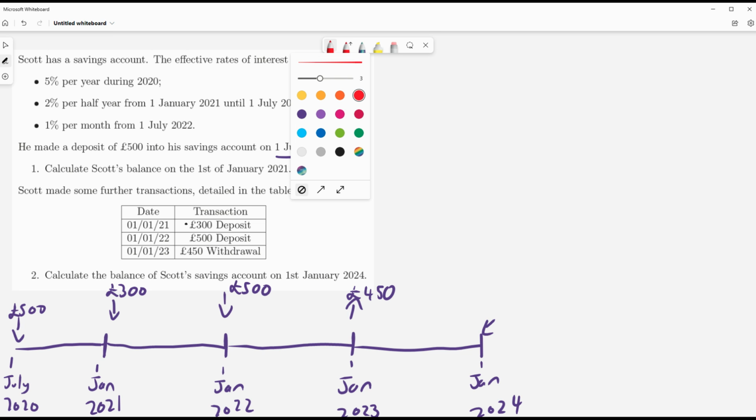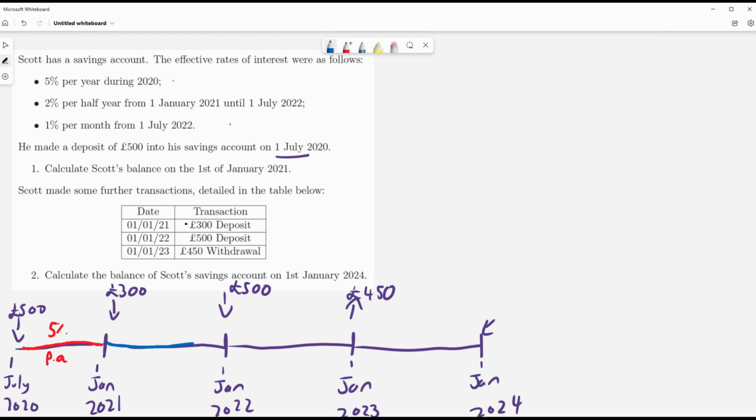Okay, if we think about the interest rates that are in effect, there's an interest rate here, which is all throughout 2020, which is a 5% per annum interest rate. The other interest rates that are relevant are from January until July 2022.